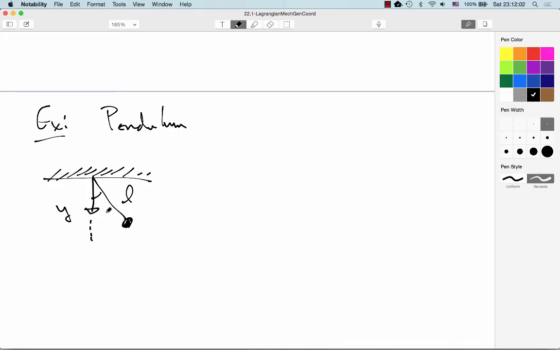I suppose you could use arc length, but why? So we'll go ahead and do method 1 first, just to get some feel for how that goes.